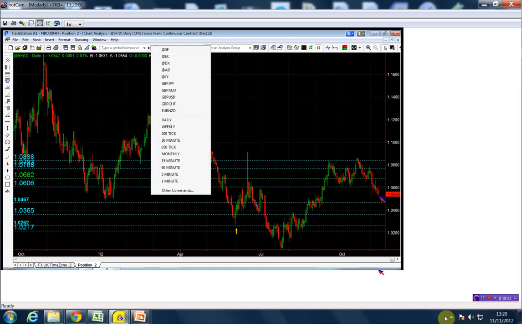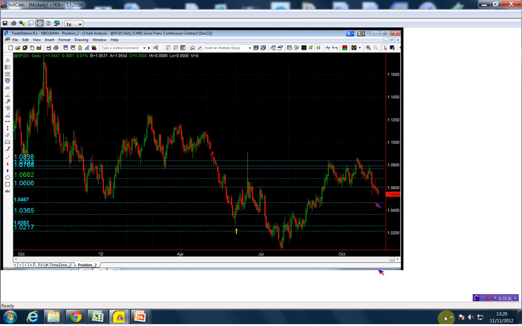So the overriding here is still to the short side, but if I have to choose between shorting the Swiss and shorting the euro, I will short the euro rather than shorting the Swiss. Both of them are on a sell, but the Swiss is on a retracement, so we will be looking at prior lows or previous lows for any attempt to get a short covering or to get a buy.